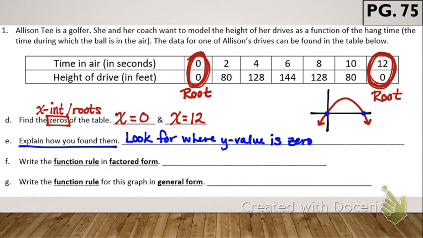They want me to write factored form down here. We already know our a value is -4, right? To write factored form, it's y equals a, and then (x minus root 1)(x minus root 2).